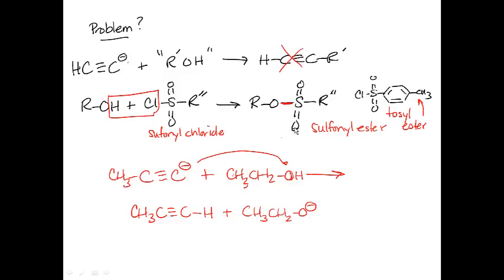And then over here, there's an alkyl group, which most often is this benzene ring with a CH3 group on it. But if we convert this OH into this sulfonyl ester, this will now become a really good leaving group.